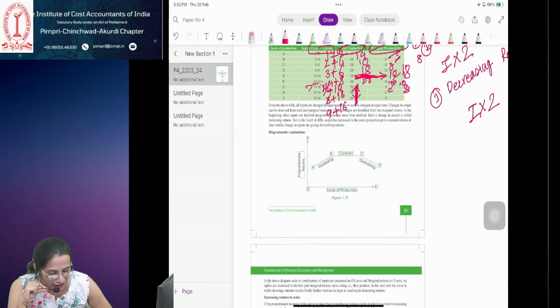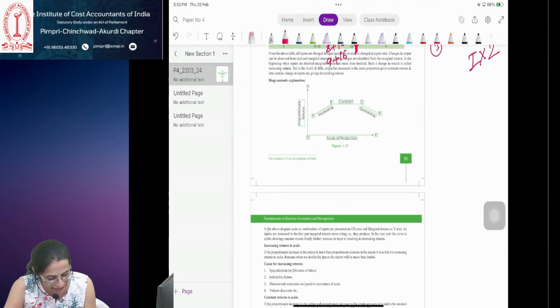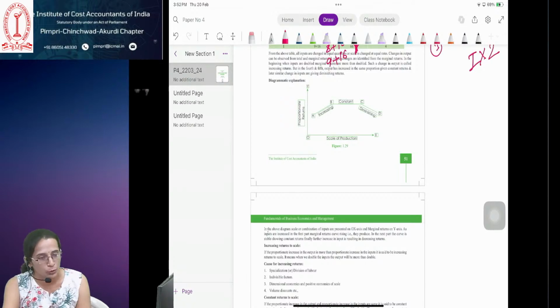But in the 4th and 5th, output has increased in the same proportion giving constant returns. And later, similar inputs are giving diminishing returns, right? See, what impact it is bringing on the output is that returns to scale in the law of returns to scale is for a long run period where all the factors of input change at a larger scale where the scale of production is huge.